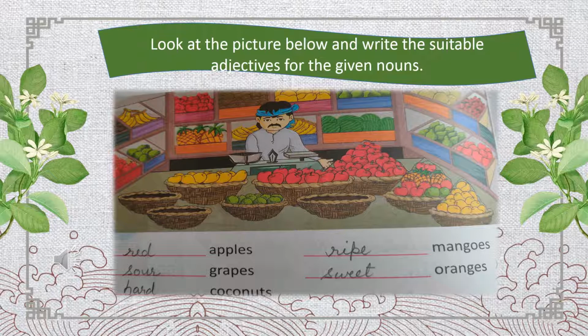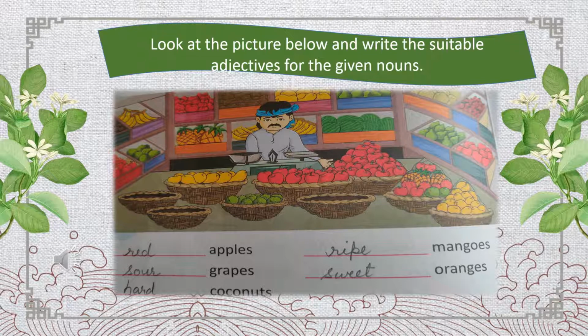Mangoes. For mangoes also we can use multiple adjectives. Here I have used ripe mangoes. Ripe means paka hua. Or juicy mangoes, yellow mangoes, tasty mangoes, big mangoes. So many words we can use for the same noun.